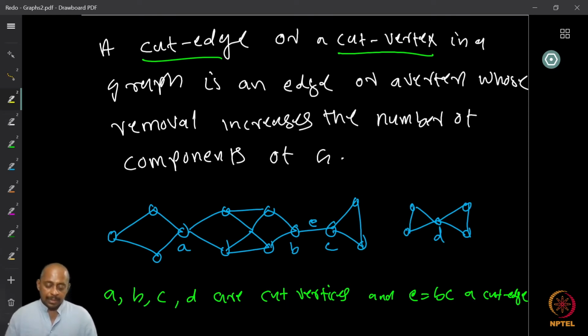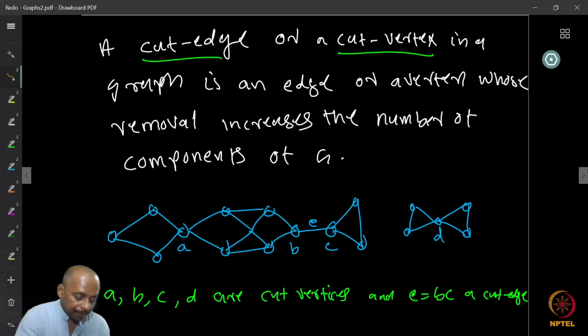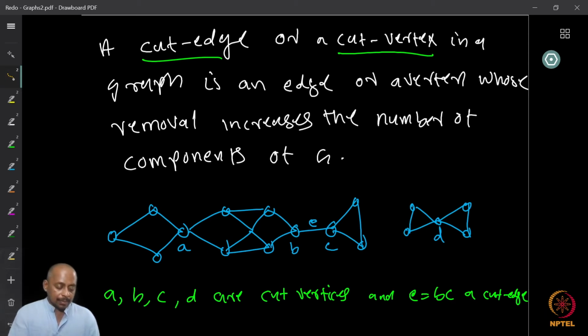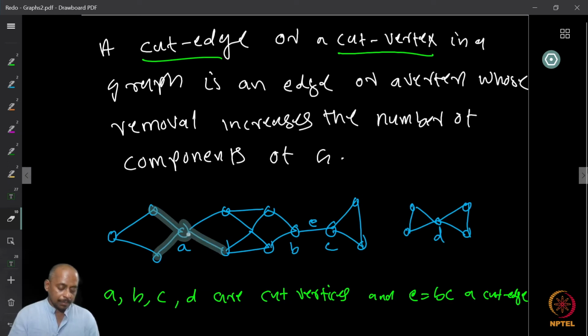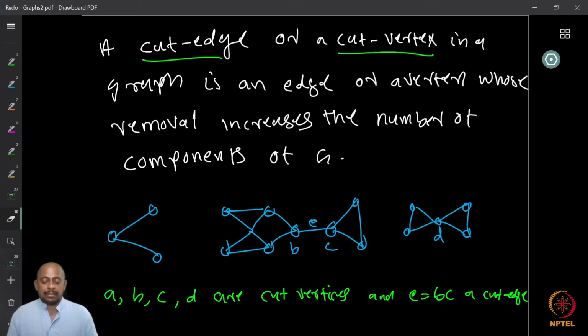If I look at the entire graph, then A is a cut vertex. Why is that? Because if I remove A, then the number of components in the graph increases from 2 to 3. So there are 3 components now, and therefore A was a cut vertex.